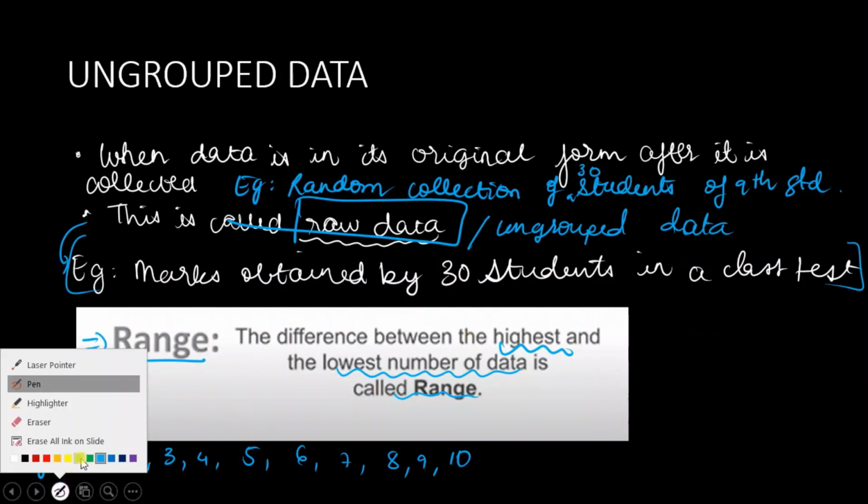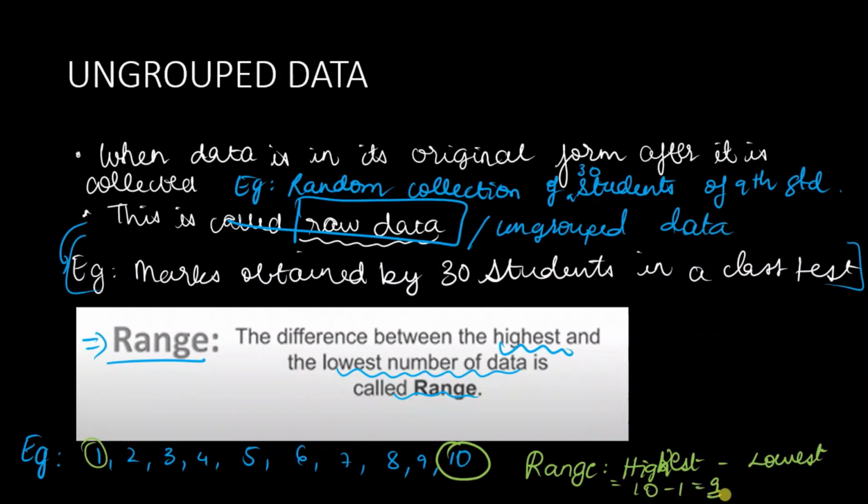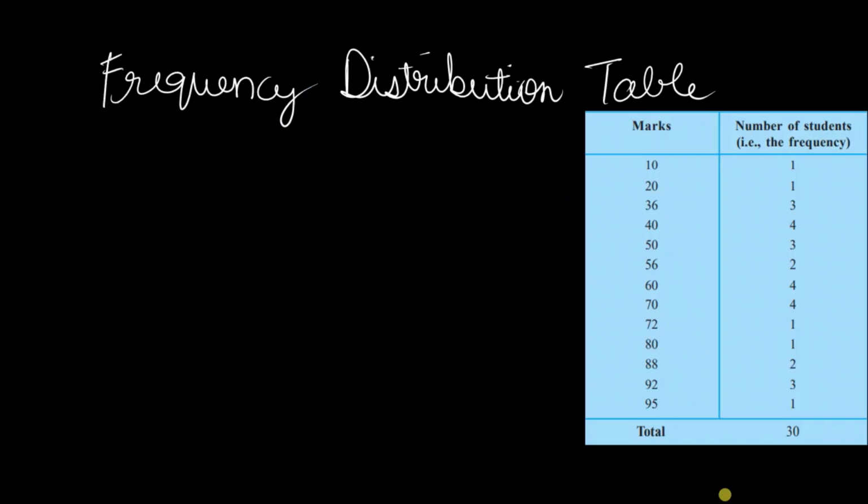In this data, what is the highest value? 10. What is the lowest value? 1. Now the range will be highest minus lowest, so here range will be 10 minus 1, which is equal to 9. Is this clear? Simple, right? Range is the difference between the highest and lowest values of the data.